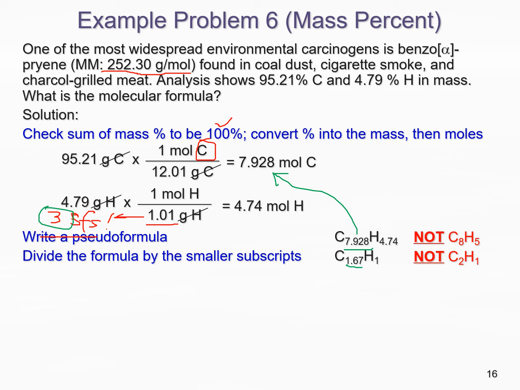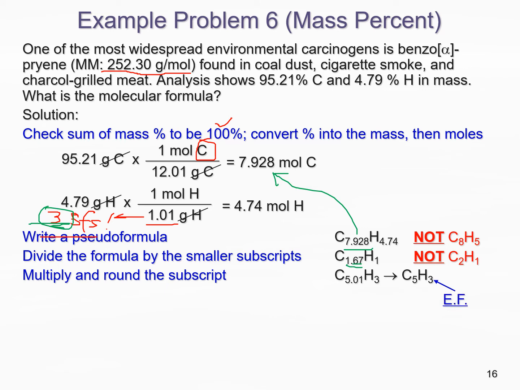So remember, 3 sig figs at least. 1.67: the fraction is 0.67. Remember the multiplier for 0.67? 3, right? So we need to multiply the entire formula by 3. 1 times 3 is 3. 1.67 times 3 is 5.01.